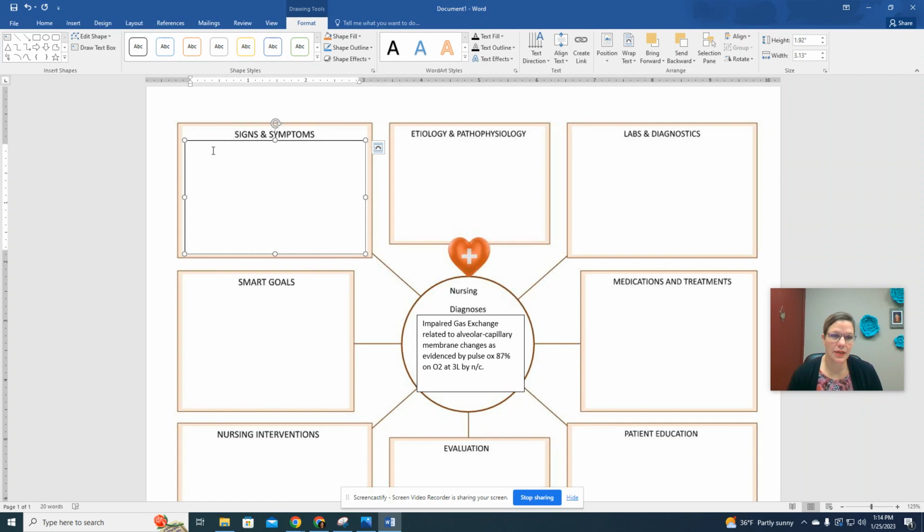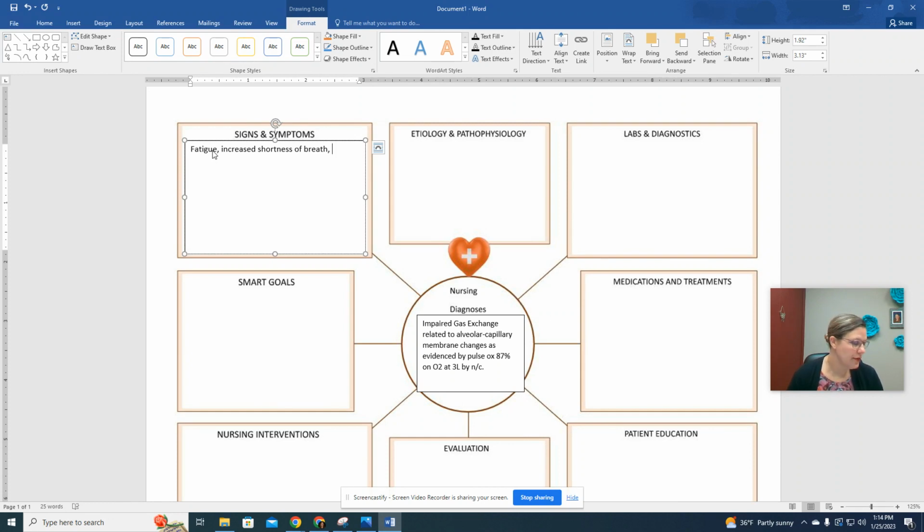So I'm going to say this patient is fatigued. Fatigue. It shows that he's increased shortness of breath. It shows he can only walk a few feet in his apartment before becoming short of breath.